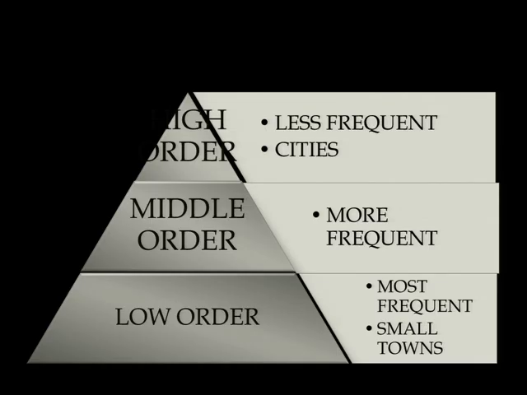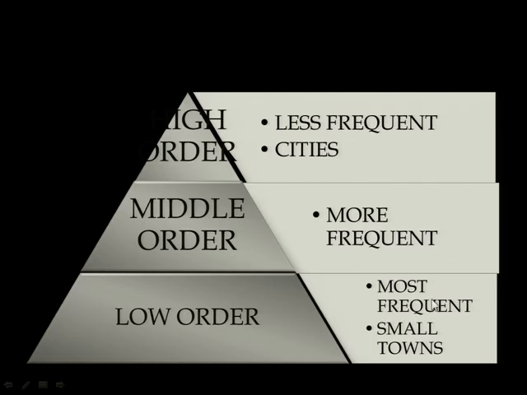Can we see that there is low order, middle order, and high order? Remember, we're talking hierarchy. The low order towns, or the small towns, are where we go most frequently.